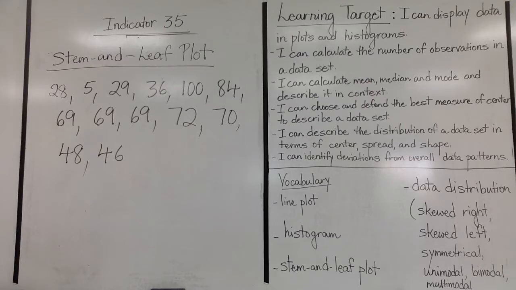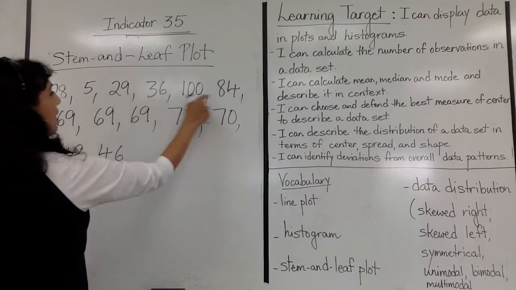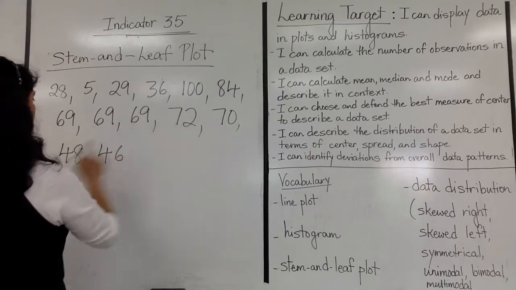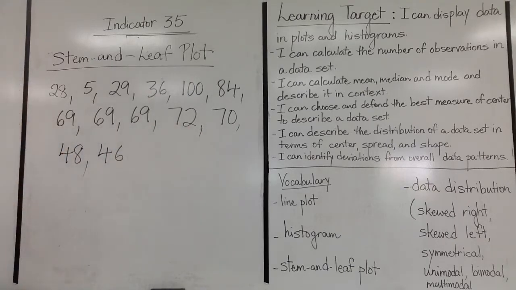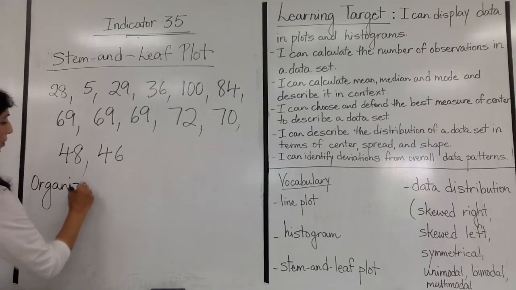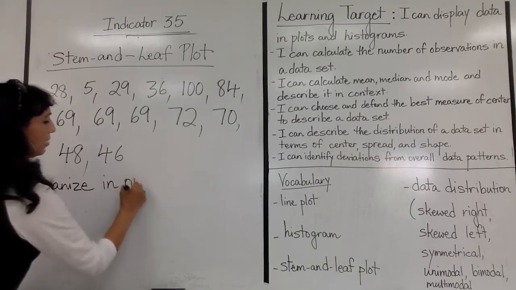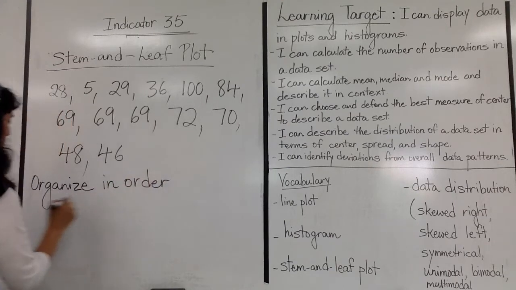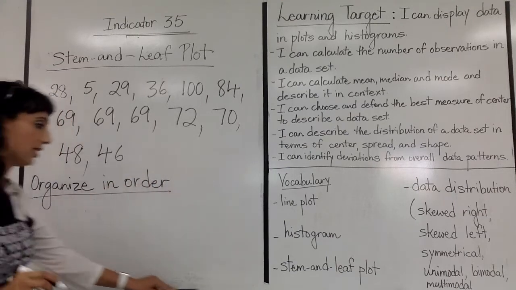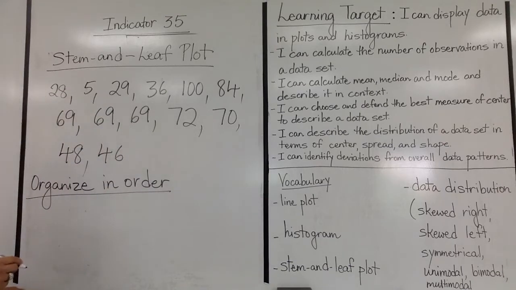The first thing you need to do is count how many numbers you have. 1, 2, 3, 4, 5, 6, 7, 8, 9, 10, 11, 12, 13. Now, organize numbers from least to greatest. Organize them in the correct order, otherwise we are going to make mistakes. So that's the first step, and that is the rule for any kind of graphing that you do.